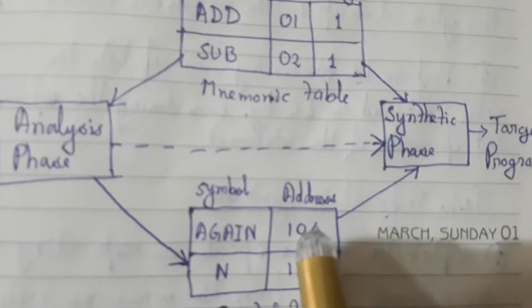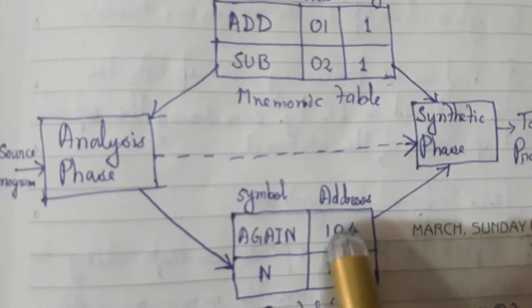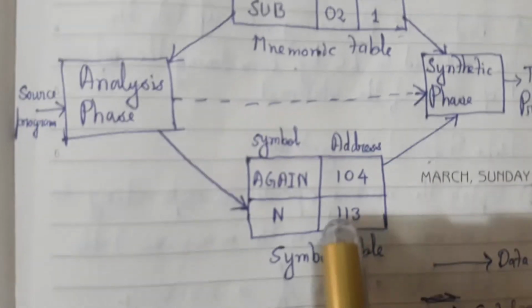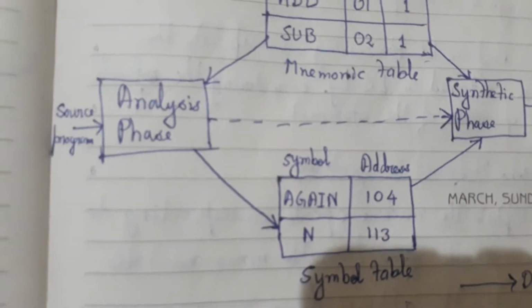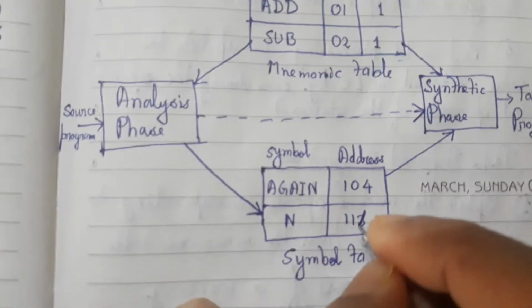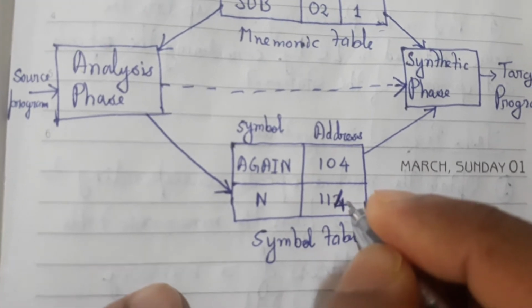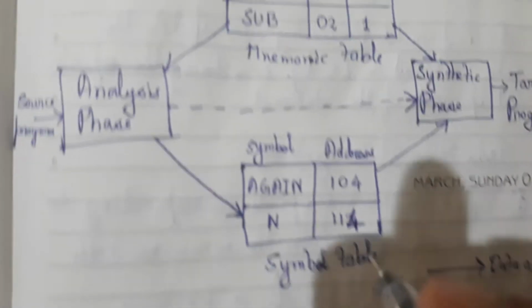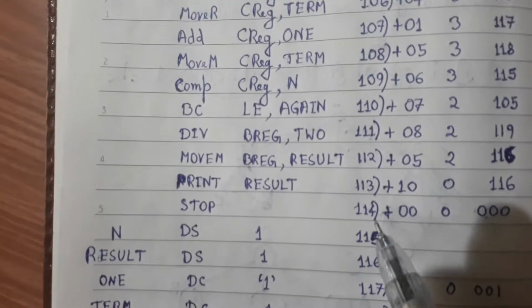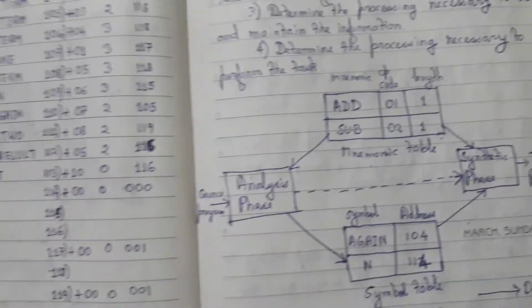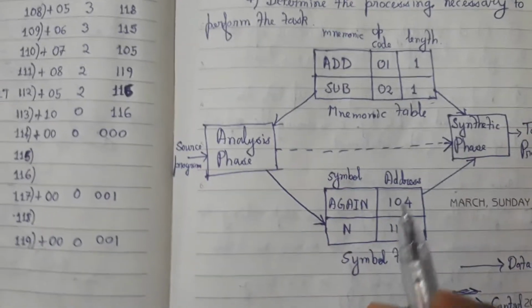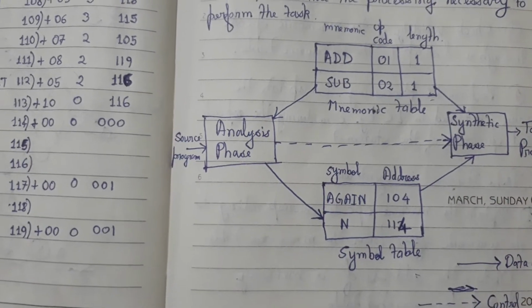Similarly, n is 113, or I think it is 114. It will be 114. This is calculated from the location counter value.